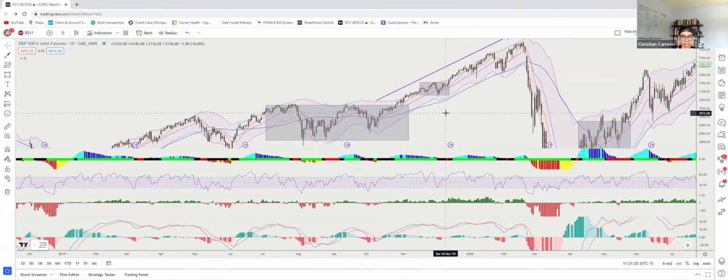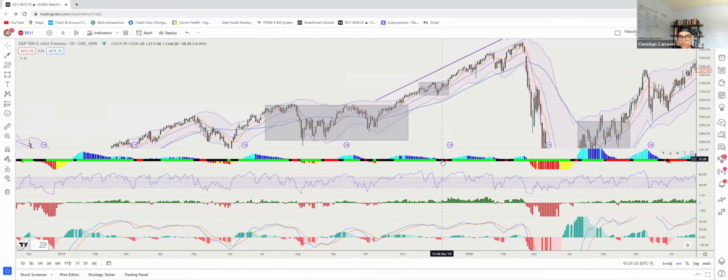Another way of looking for a consolidation, or that box requirement, is by looking at the TTM squeeze. For those who don't know, the TTM squeeze shows you when the Bollinger Bands go inside the Keltner channels, which gives you an understanding of a contraction taking place between those two indicators.